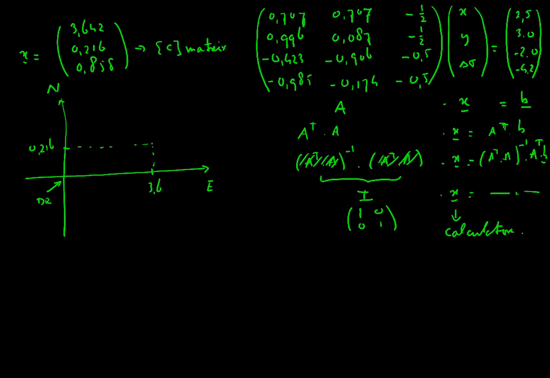So what's the implication of all this? Well, say you have this as your dead reckoning position. We can say we go 3.6 miles to the east, and we have 0.2 miles to the north. This is not to scale, 0.216.